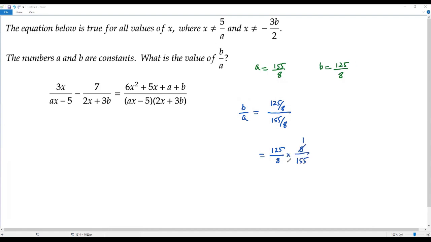Okay, here 8 goes into 8 one time, 8 goes into 8 one time. And for 125 and 155, we have the greatest common divisor 5. That is, 5 goes into 125 25 times, and 5 goes into 155 31 times. Okay, 25 times 1, we get 25 in the numerator. In the denominator, we have 1 times 31, that is 31. Okay, here I got the value of b over a, that is 25 over 31.